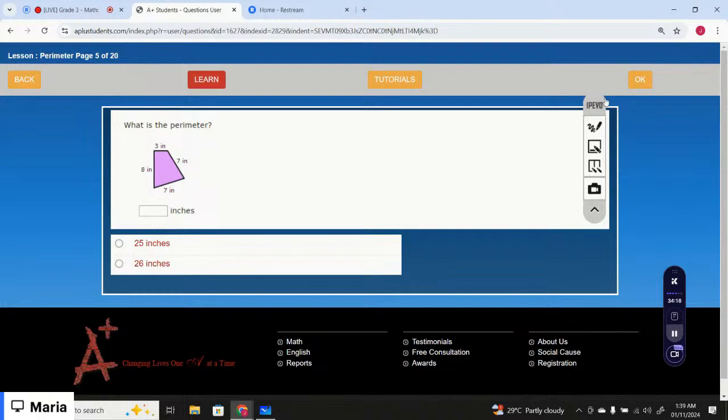What is the perimeter, which is the correct option? The correct option is 25 inches.